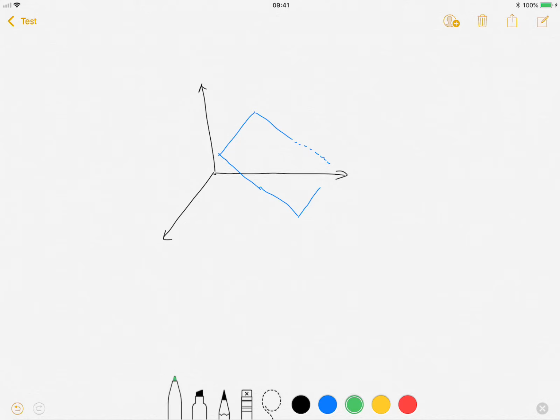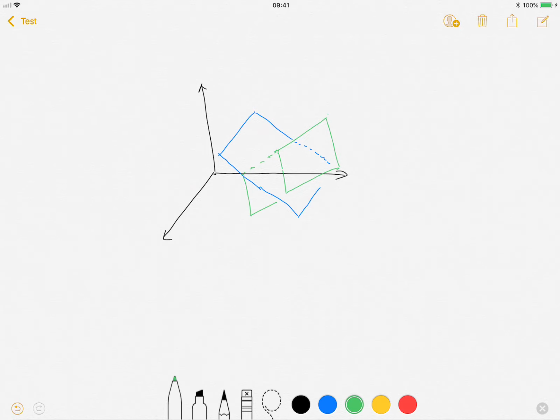Let's add another dimension. Now you can see where these 2 planes intersect. And that's obviously representing a number of solutions along the green line.